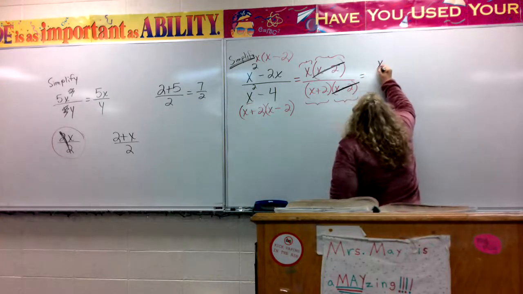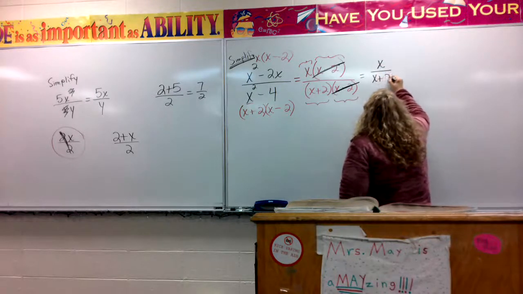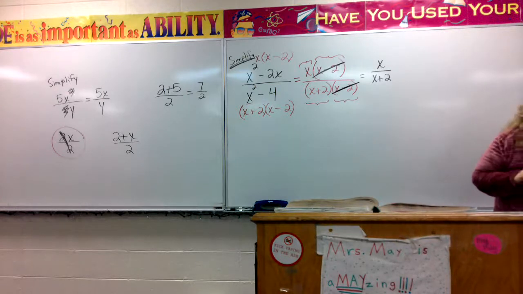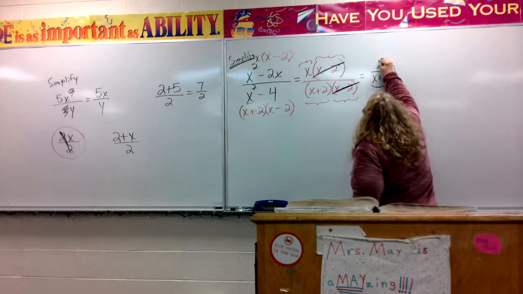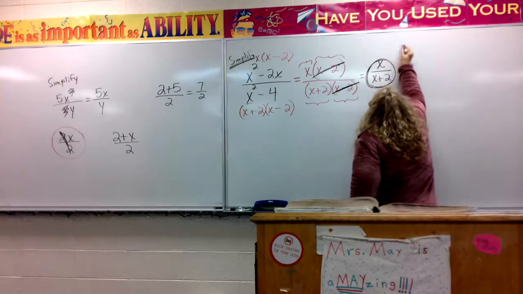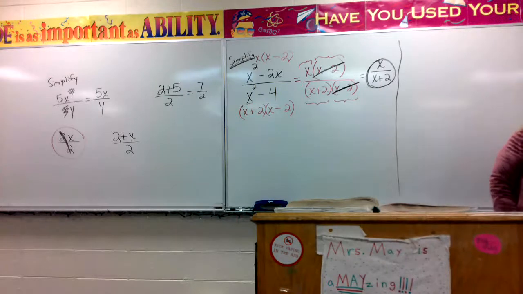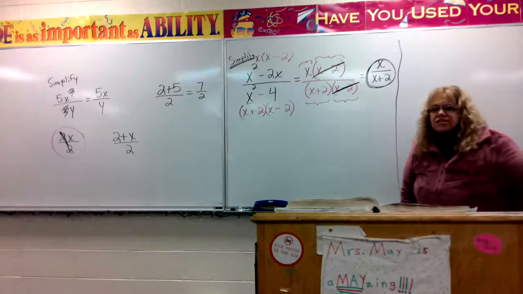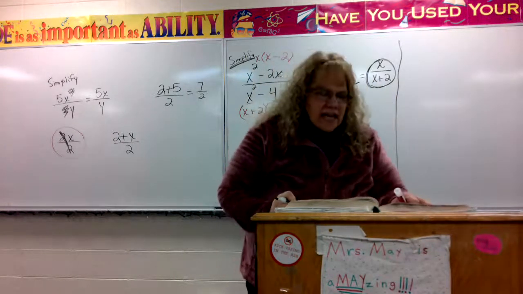An x. What do you have left on bottom? Can you cancel those x's? No, because it's adding, right? So your simplified answer is that thing right there. Even though it doesn't look a whole lot simpler, that's the simplified answer. So really today all we're going to do is factor and then cancel.